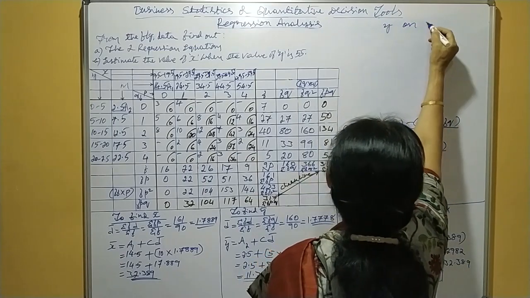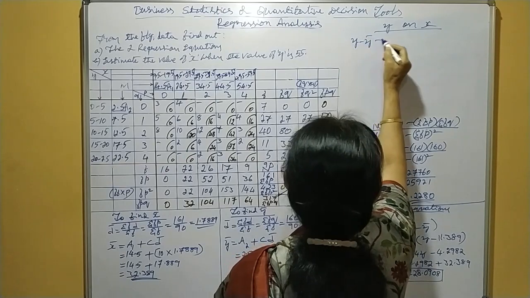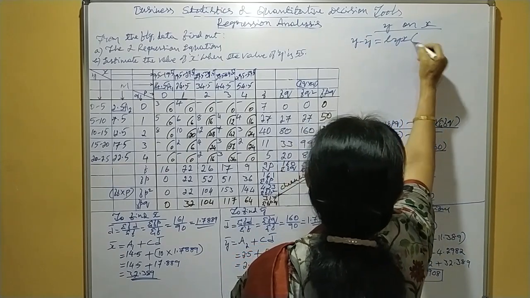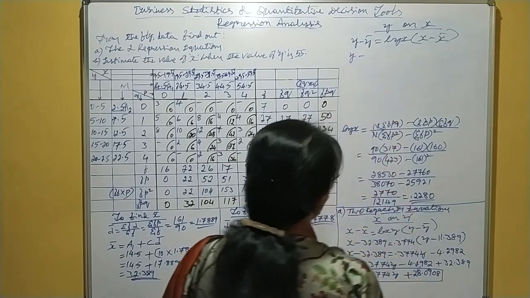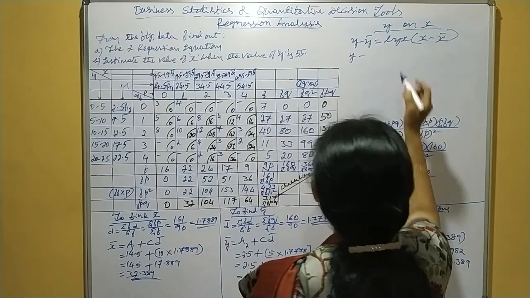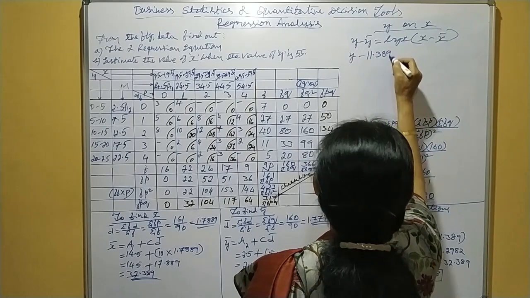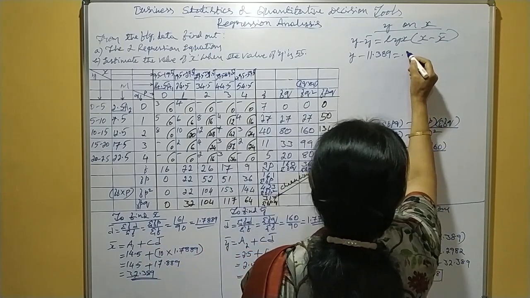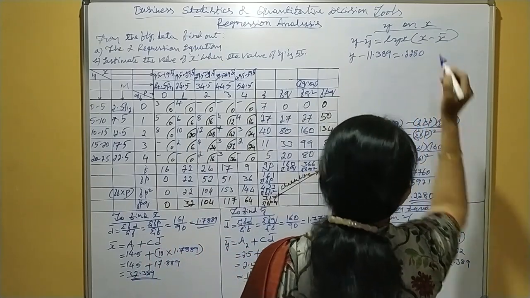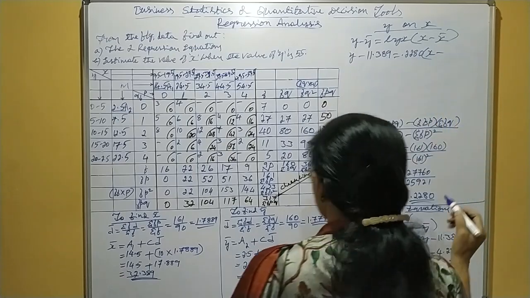Y on x, that is y minus y bar equals byx into x minus x bar. Y minus y bar is calculated: 11.389 equals byx, that is 0.2280 into x minus x bar.